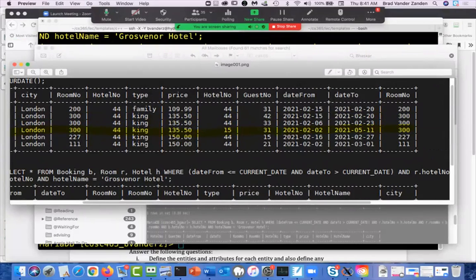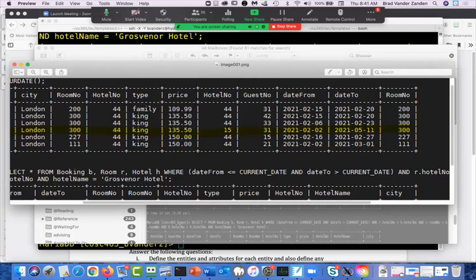And you'll see that when I print out both the room and the hotel booking information, it's selecting room 300 from Hotel 44, which indeed is the Grosvenor Hotel in our test data.